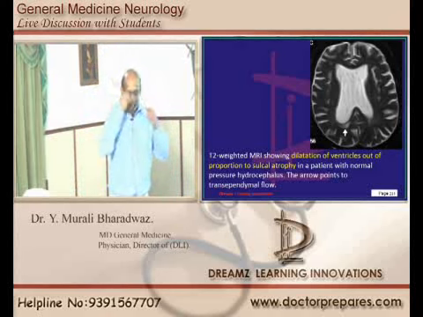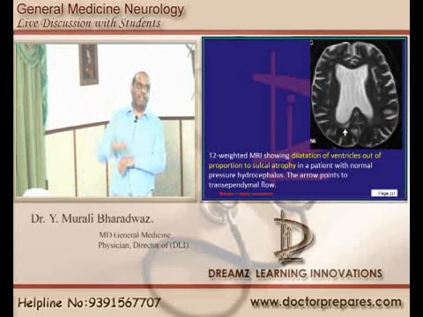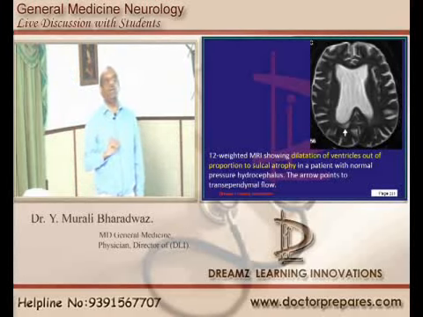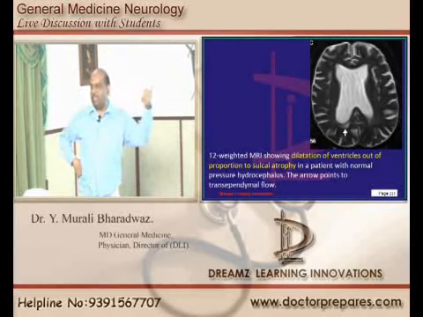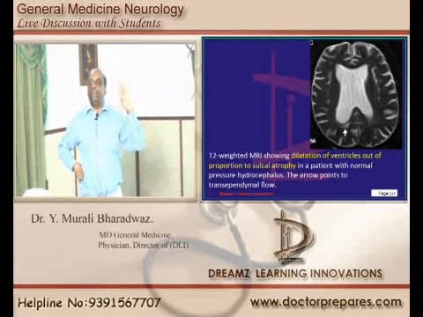So a patient won't come with a stamp saying I have normal pressure hydrocephalus, treat me. He will come with dementia. Then you take an MRI and you will be discussing in neuroradiology, is it normal pressure hydrocephalus or is it vascular dementia? Then you will get up and say, no, there is sulcal atrophy, hence vascular dementia. If there is no sulcal atrophy but significant ventricular dilatation, it is normal pressure hydrocephalus.